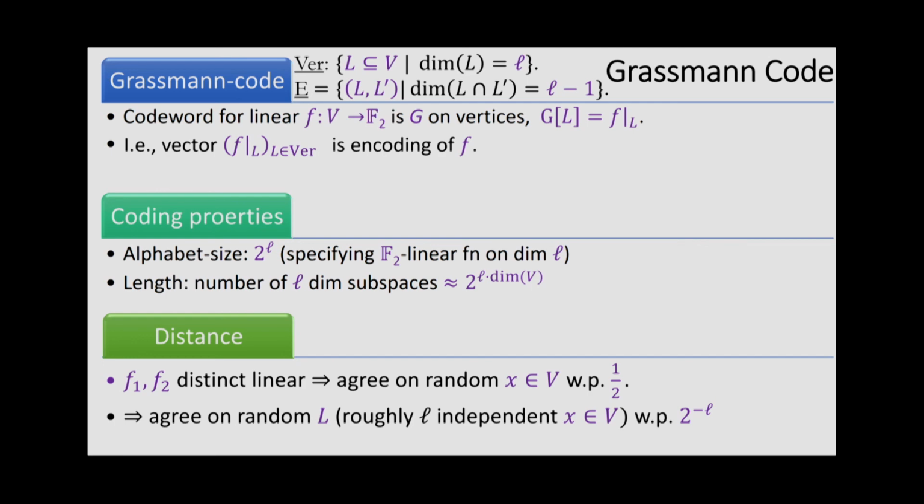On any given point, they agree with probability half, right? Because two linear functions agree on half of the places and disagree on the other half. So if you take a random L-dimensional space, which roughly corresponds to taking L independent vectors and taking the span, the probability that F1 and F2 agree on the subspace is half to the L, or 2 to the minus L. Hence, the distance is 1 minus that.